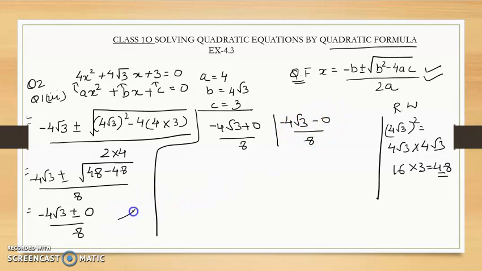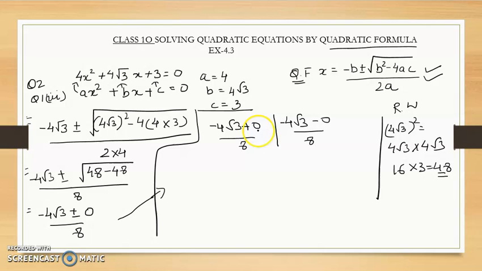After this, students, I'm continuing from here. Followed? Minus 4 root 3 plus minus 0. This means you will take plus 0 upon 8 once, and next time you will take minus 0 upon 8. This value can be anything. Since we solved 48 minus 48, it is 0. It could be 2, 4, 5, depending upon the values. So once we take plus whatever value, here plus 0 upon 8, and then we take minus 0 upon 8. Now solve this.